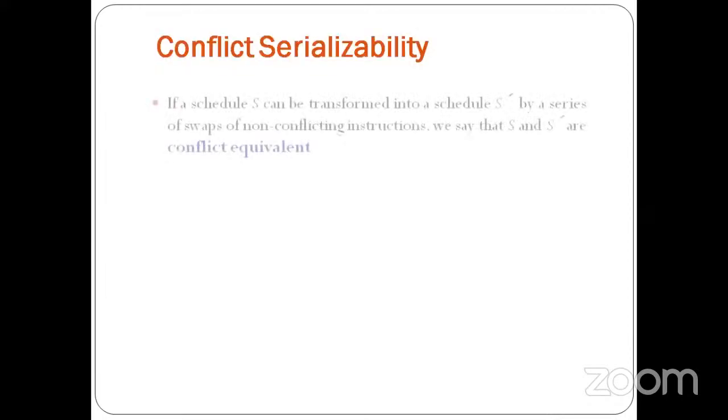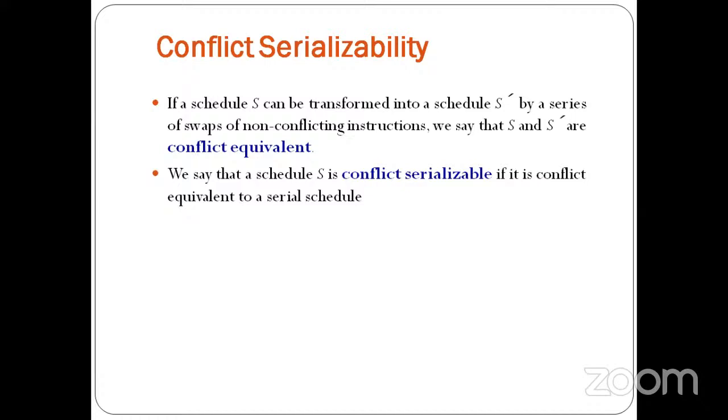Next, conflict serializability. If a schedule S can be transformed into a schedule S dash by a series of swaps of non-conflicting instructions, we say that S and S dash are conflict equivalent.